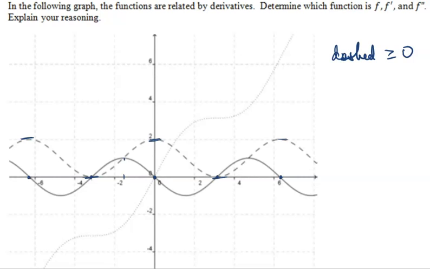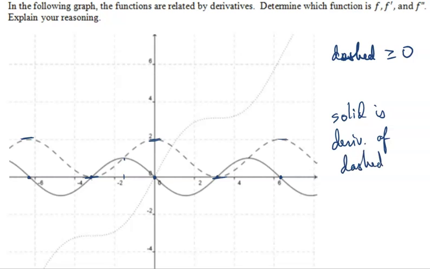So in other words, when the slope of the dashed function equals 0, the solid function has an x-intercept. Okay? So that makes me think that the solid graph might be the derivative of the dashed graph. Okay? I think that's true. So solid is the derivative of the dashed.